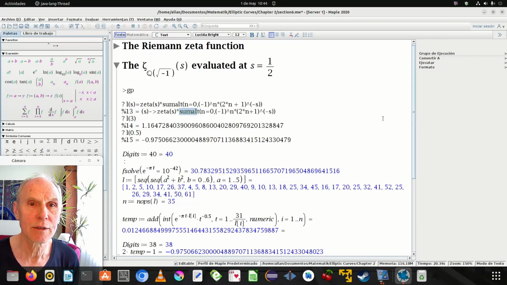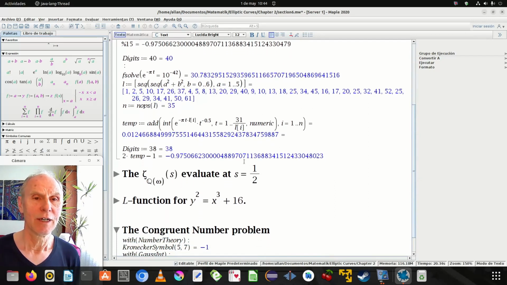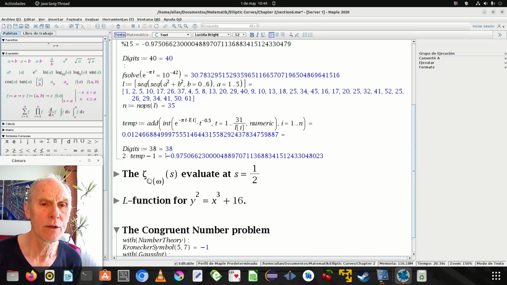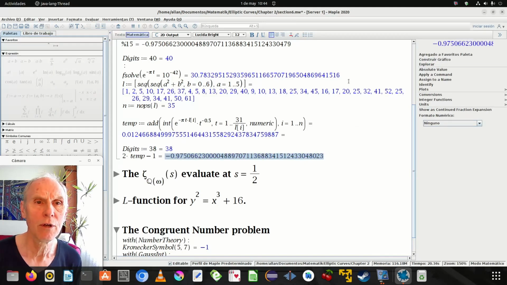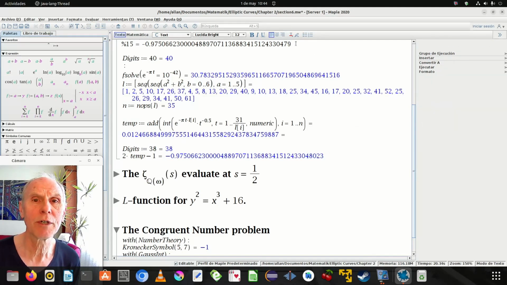So that was the Gaussian zeta function, and I got that to this result, which is exactly what we got up here, almost.